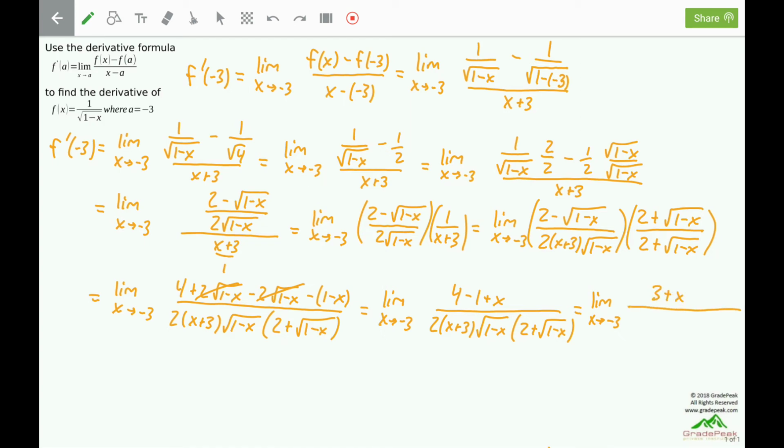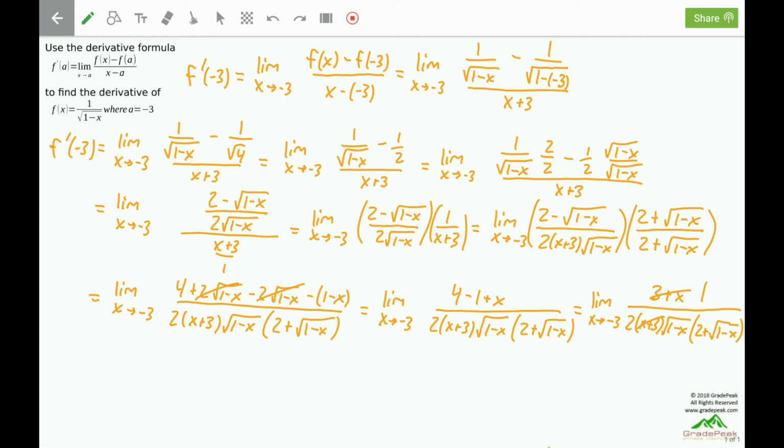And that's going to be over 2 times x plus 3 times the root of 1 minus x times 2 plus the root of 1 minus x. The 3 plus x in the numerator is making the 0 in the numerator. There's an x plus 3 in the denominator that's making a 0, and those can now cancel, leaving a 1 in the numerator.